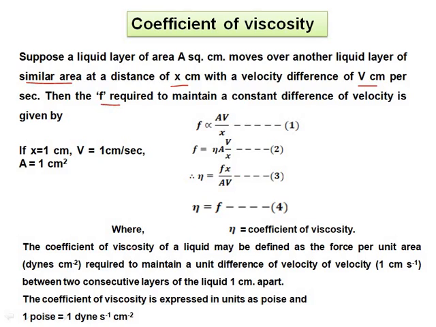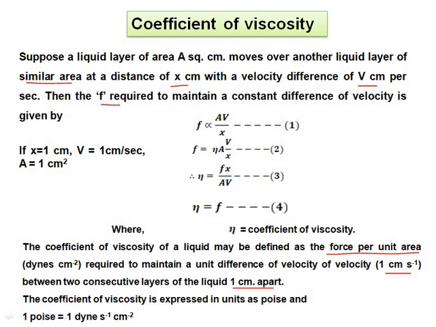The coefficient of viscosity of a liquid may be defined as the force per unit area, measured in dynes per centimeter square, required to maintain a unit difference of velocity of 1 centimeter per second between two consecutive layers of the liquid 1 centimeter apart.